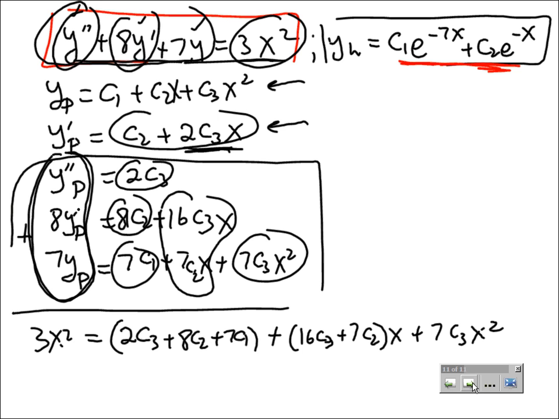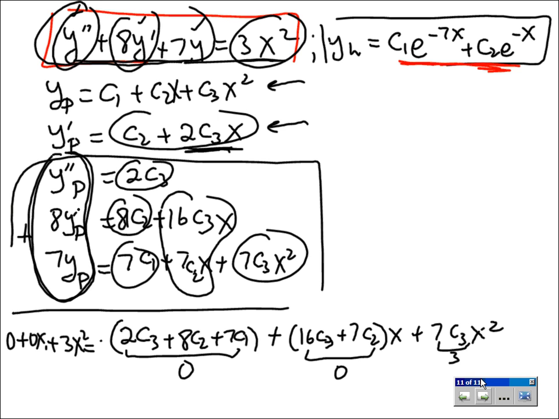Now, you need to realize this right side is nothing more than the following. It's 0 plus 0x plus 3x squared. This must be 0. This must be 0. This must be 3. That must be 3.